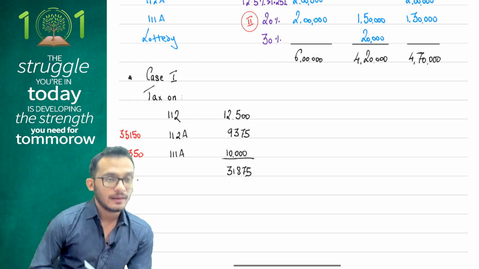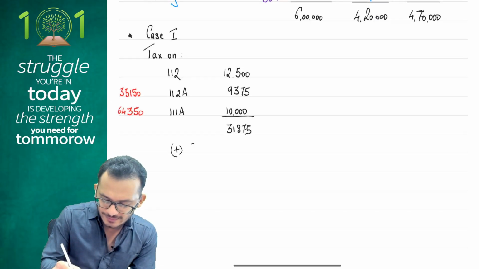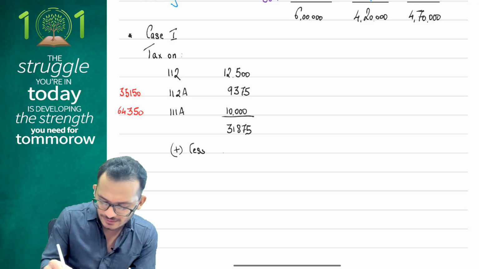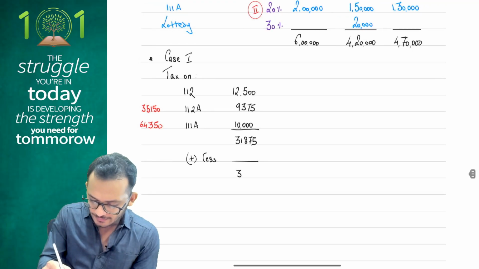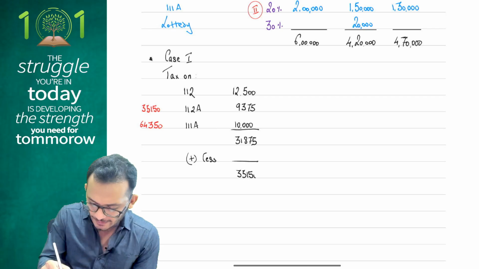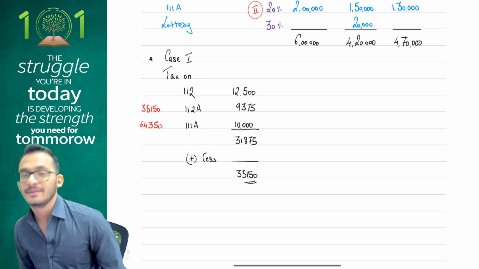Answer gives me 31,875. Adding on this a cess, answer becomes 33,150. I hope this made sense to everyone.